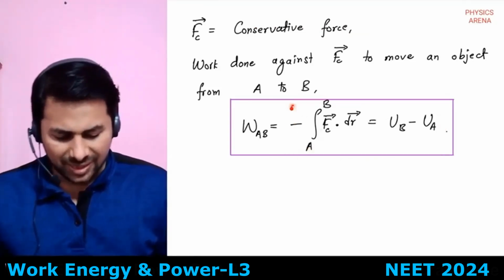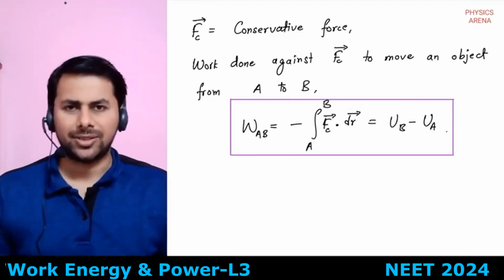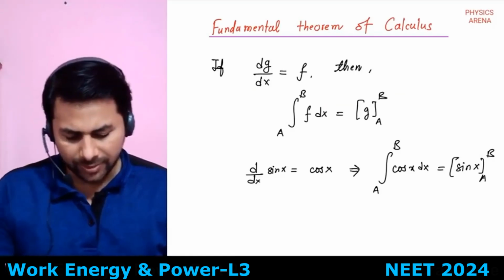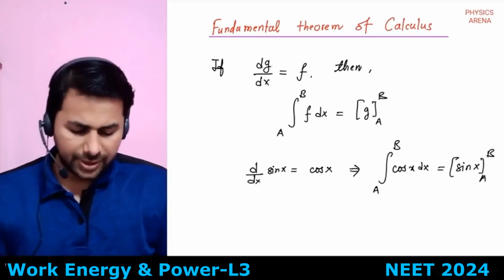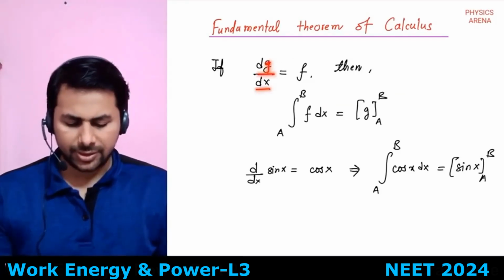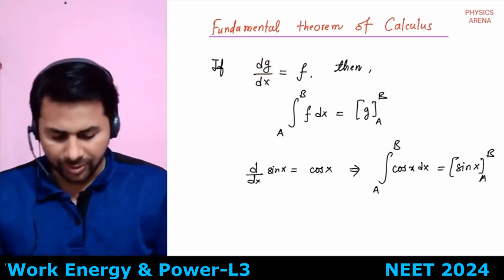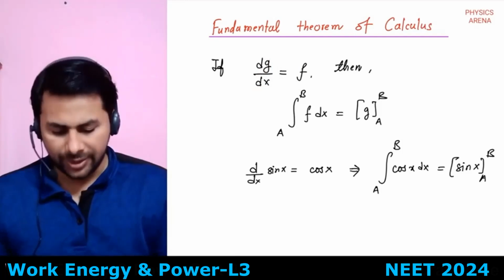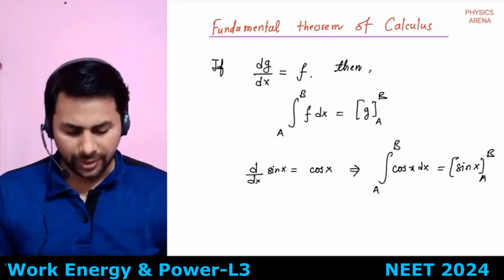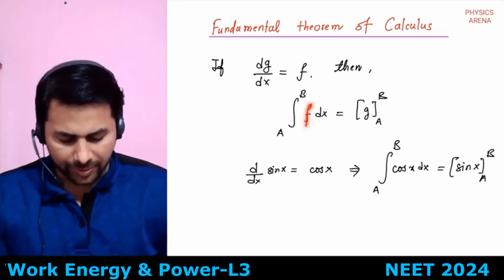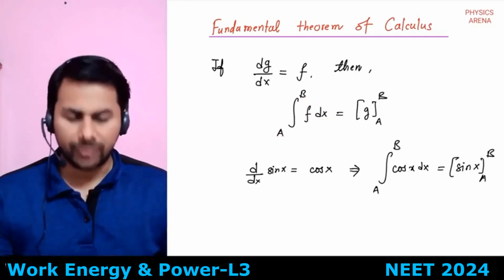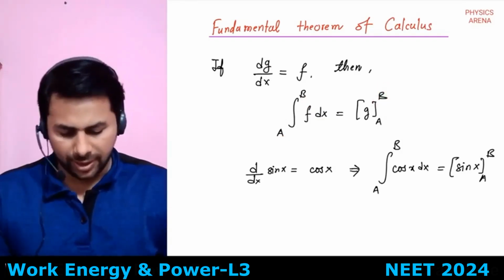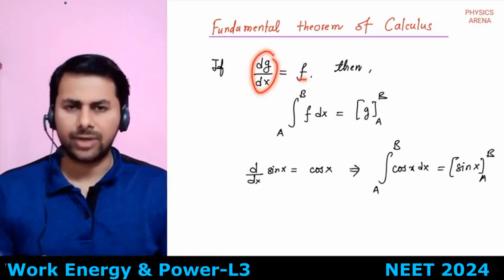Now, from the fundamental theorem of calculus, we know that if the derivative of some function g is equal to f, then you can integrate f to get g. So the integral of f dx from a to b will be equal to g at point b minus g at point a, if dg by dx is equal to f.